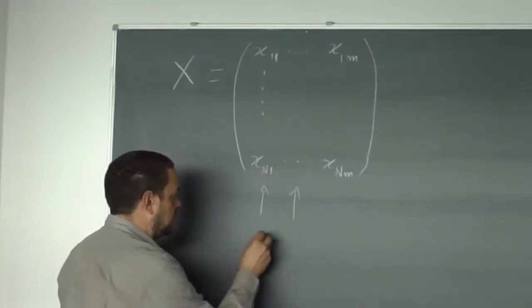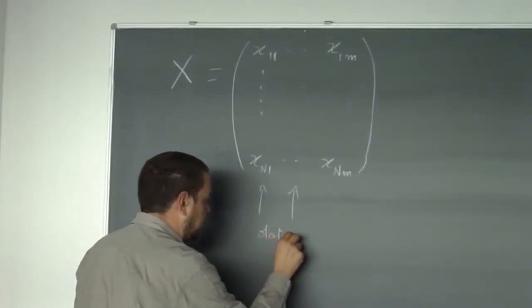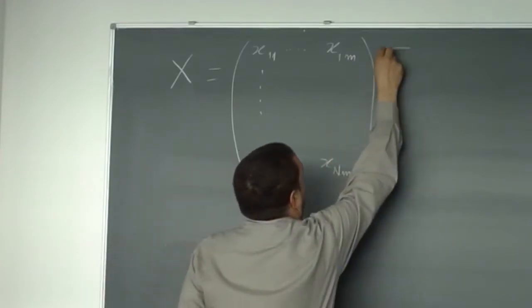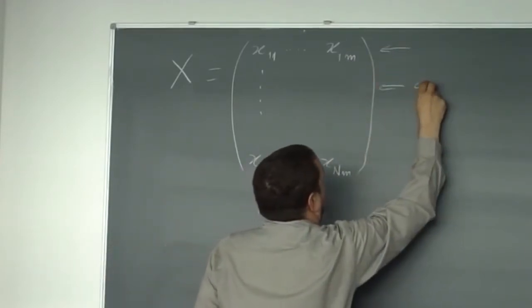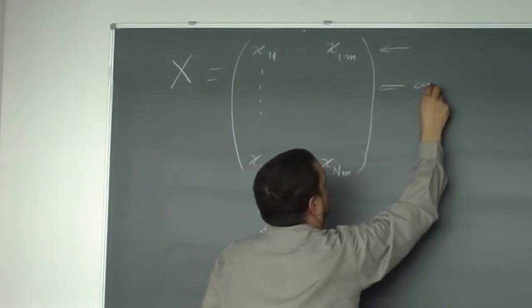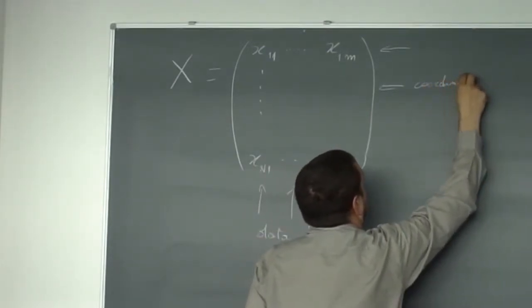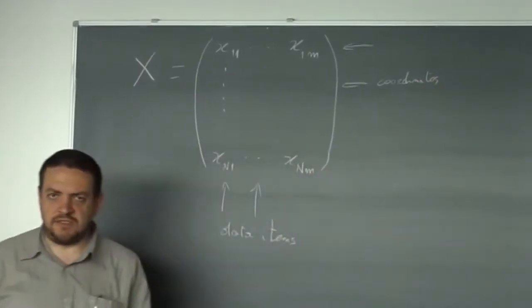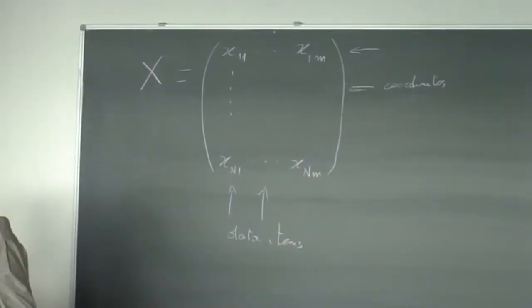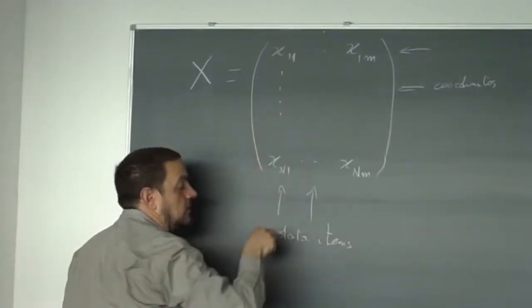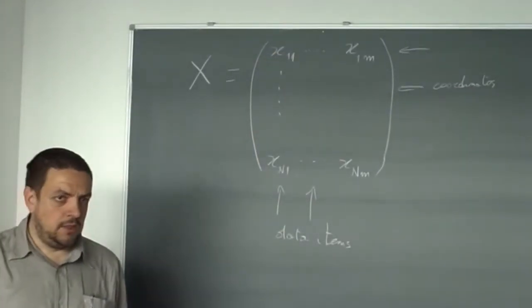The columns contain our data items, and the rows were the specific coordinates of each data item. So one single item of data was one column of this matrix.